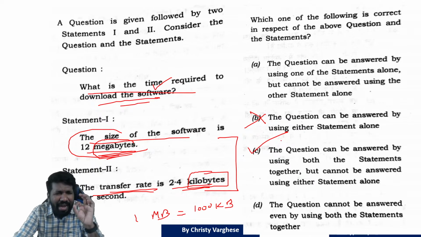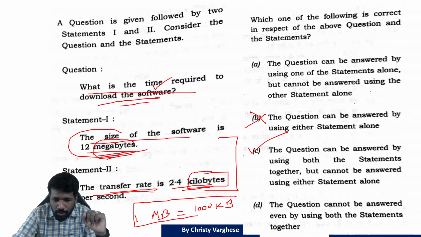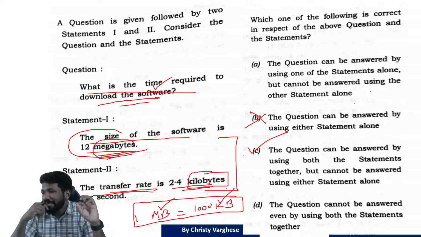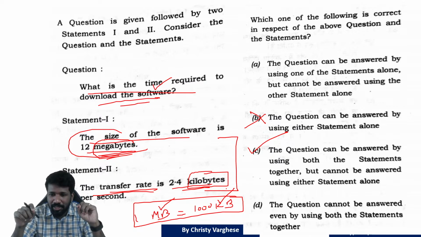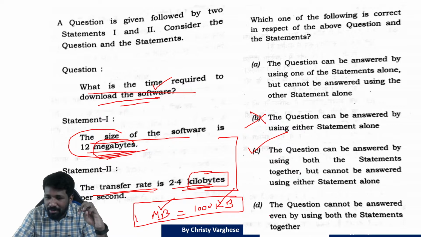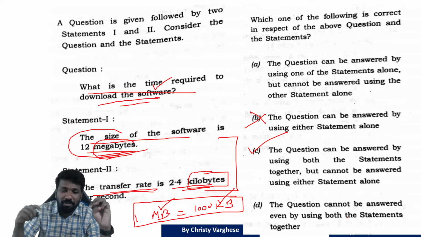Option C is the answer, but I think that in the question paper they should have mentioned this conversion ratio also. You may say that we all know the conversion ratio. But the question says from the two statements, is it enough to answer the question? Whether this is a trivial conversion ratio or something that is extra needed, I don't know the perspective of the question paper setter, because sometimes when the answer key comes, there is a chance that the question cannot be answered even using both statements together.